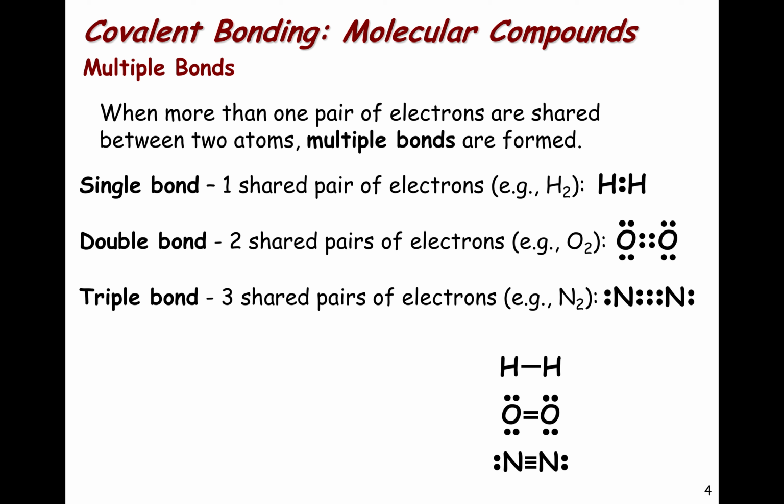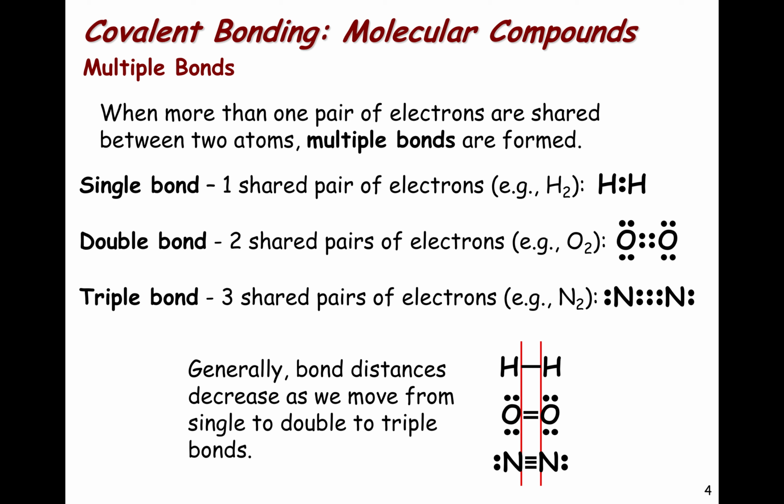In the case of the element nitrogen, there is a need to form a triple bond to get 8 valence electrons around both of the atoms. So, generally, as the number of pairs of electrons increases, the so-called bond order increases. This creates a greater and greater attractive force between the atoms, and hence the distance between the 2 atoms will decrease when we have higher and higher bond orders.